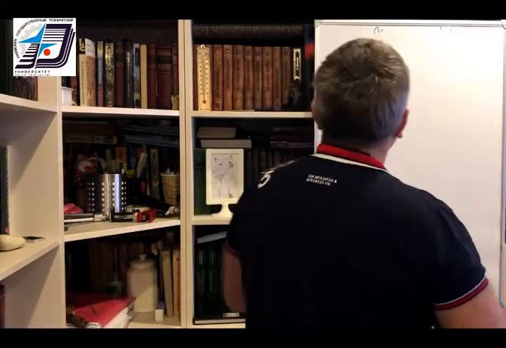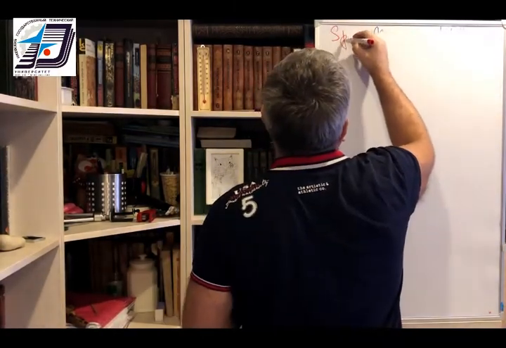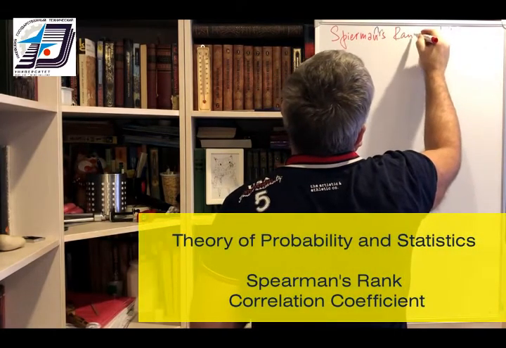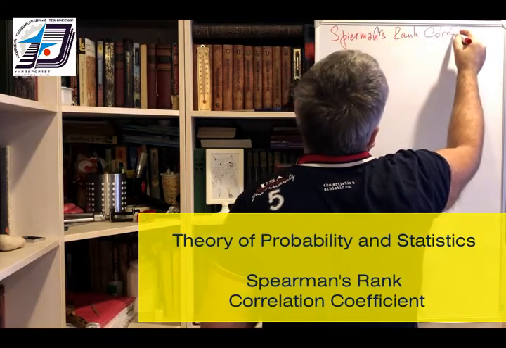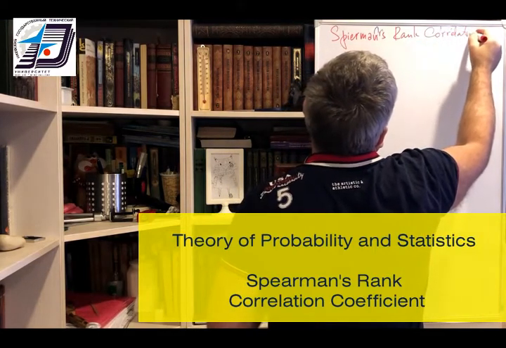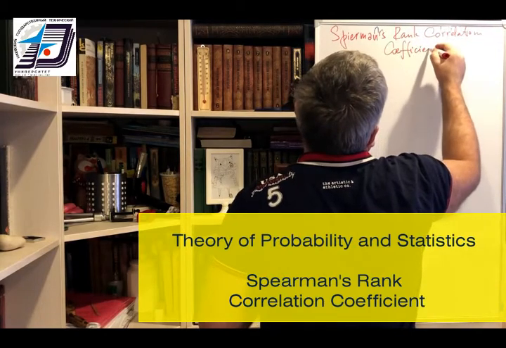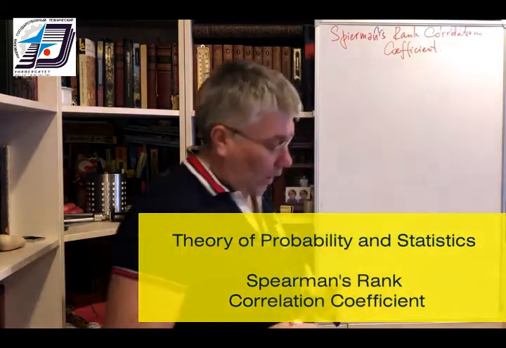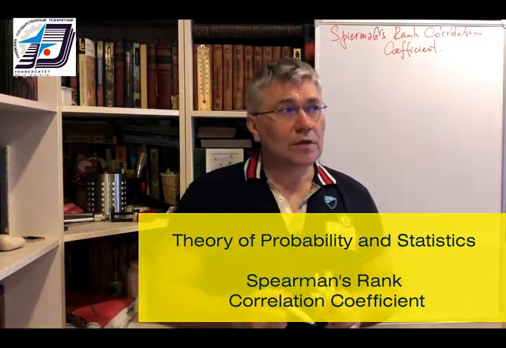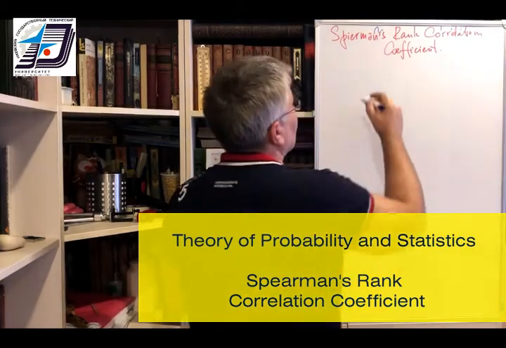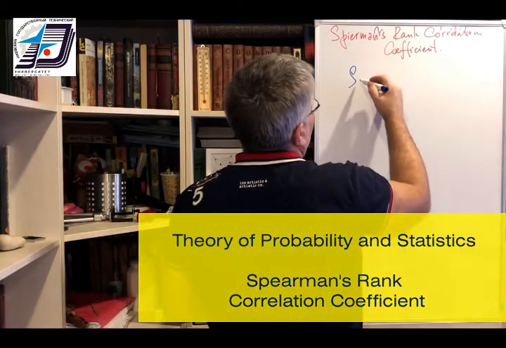Today we'll learn about Spearman's rank correlation coefficient. Usually this coefficient is denoted with the Greek letter rho or Rs.